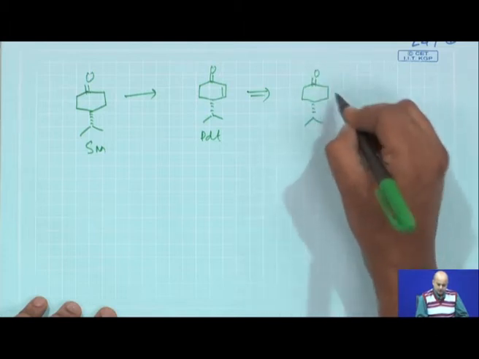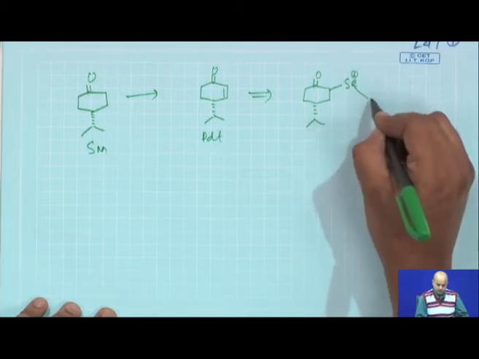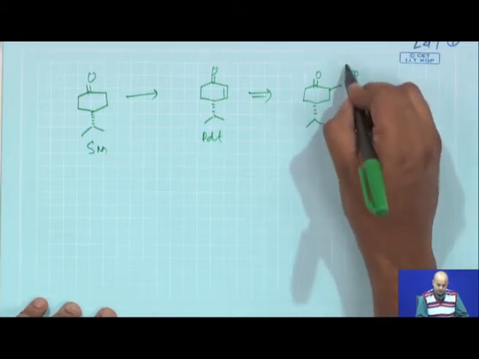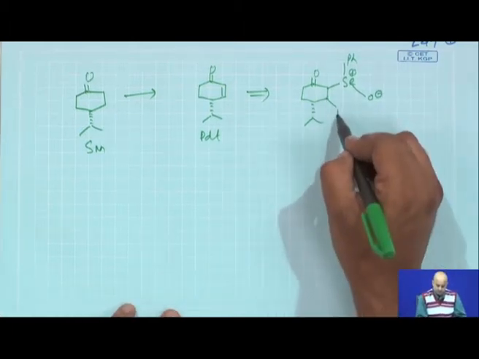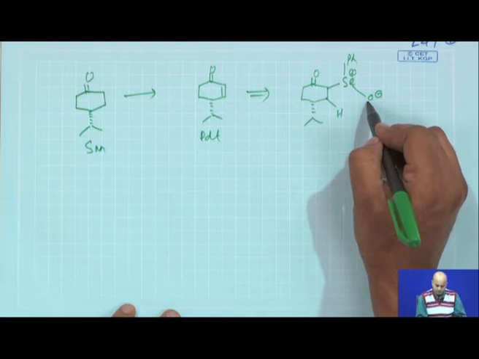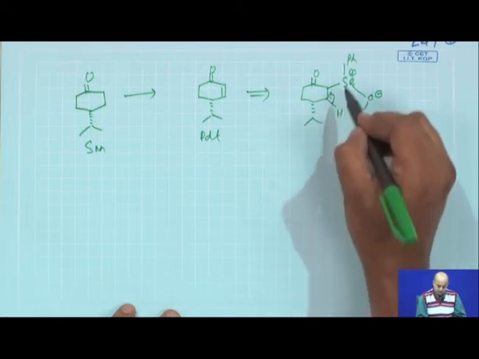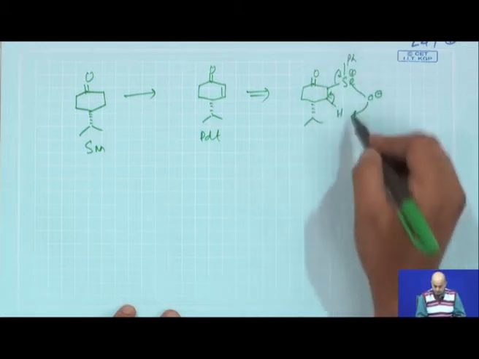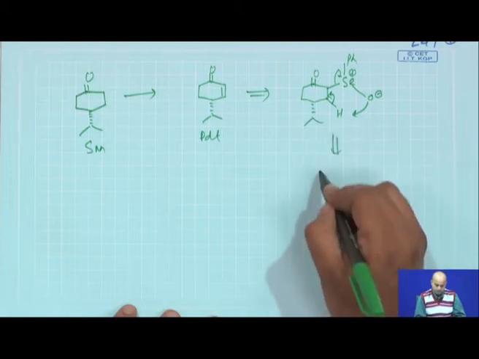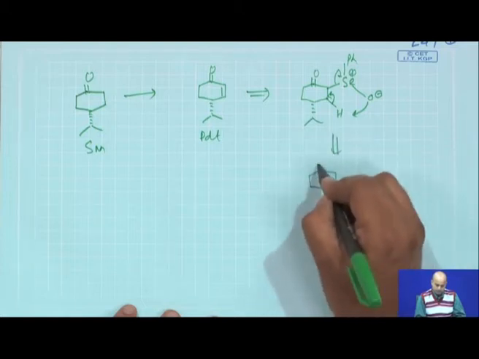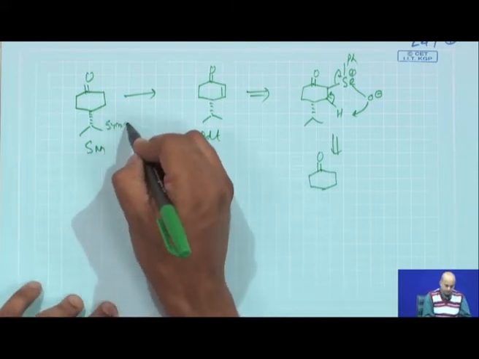I am saying that I will be doing a selenoxide syn elimination, which is basically nothing but a 2,3 sigmatropic rearrangement. So, this O minus picks up this hydrogen, and PhSeOH all together is leaving. So, now how can you make this compound? The initial molecule is symmetrical, this molecule is symmetrical.